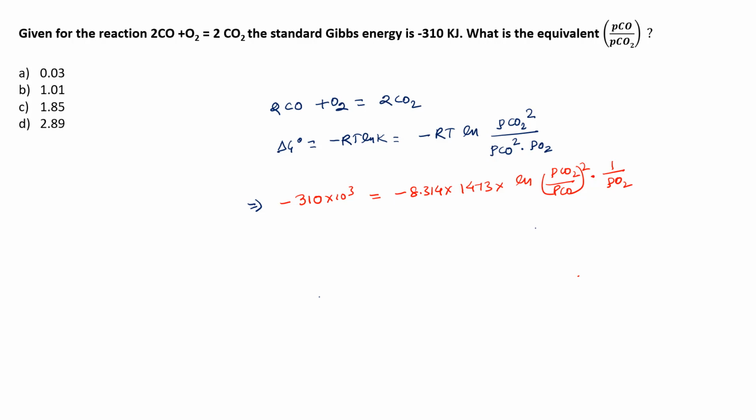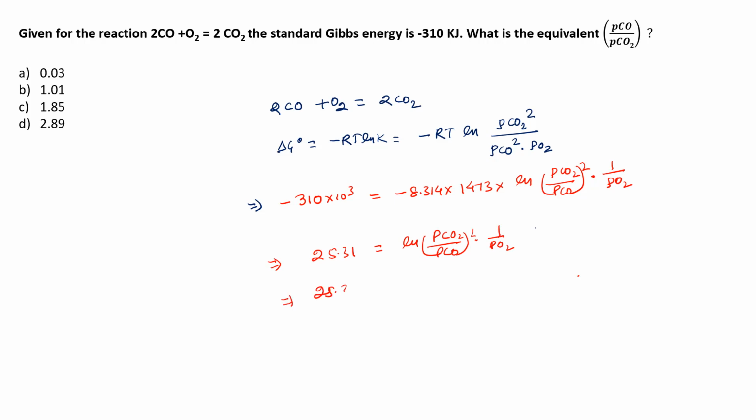Here you can write 25.31 is equal to ln of PCO2 by PCO whole square times 1 by PO2.